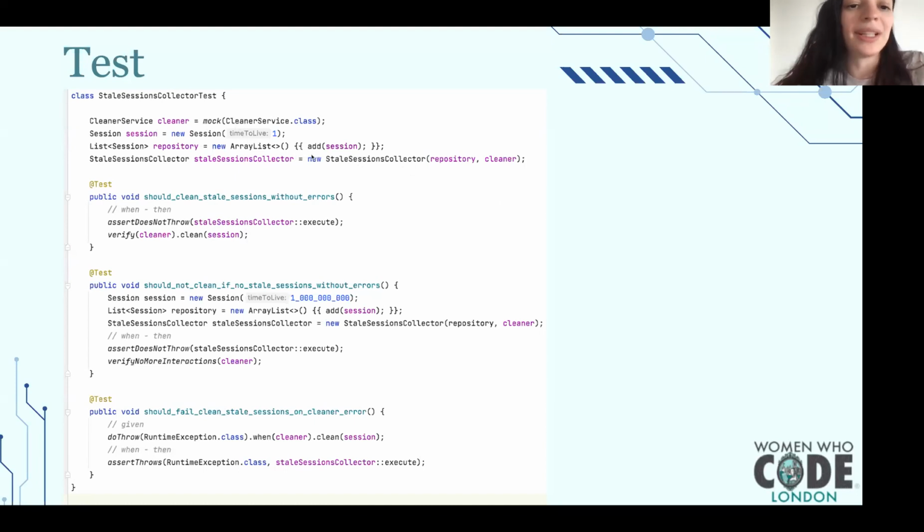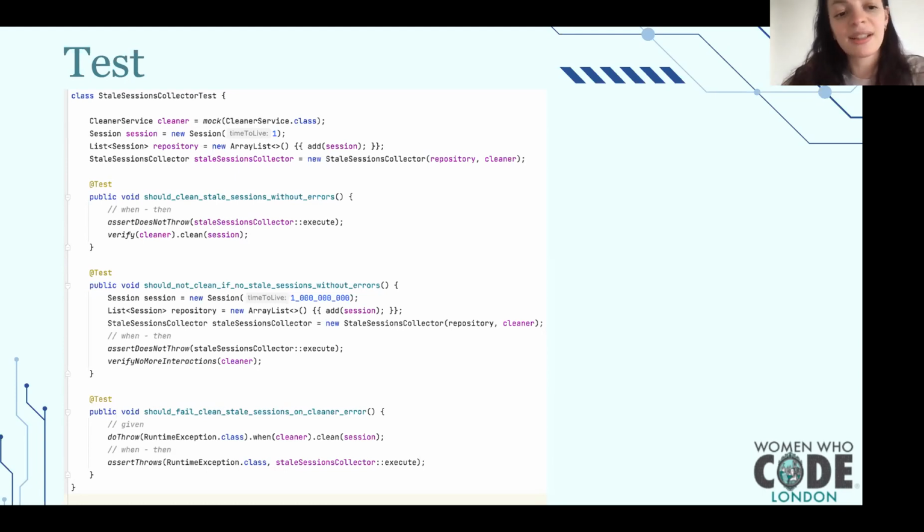For example, an array list can be the repository, we just put the sessions in the list. And with some cleaner service, we mock them. This is called mock, and it's used via Mockito in Java. It's a powerful instrument to test everything you like by mocking objects, by just pretending that this object exists. And you can also say what exactly the behavior of the object is.